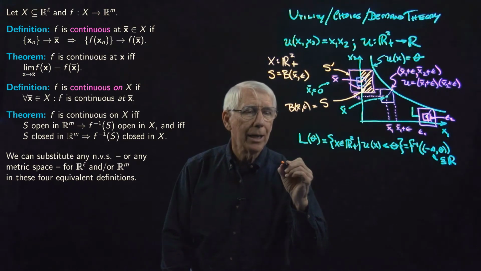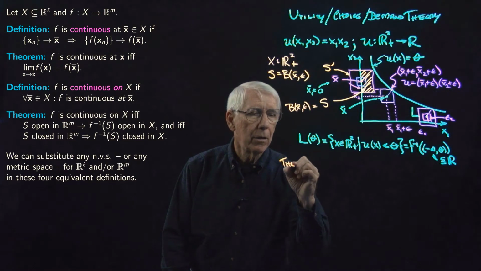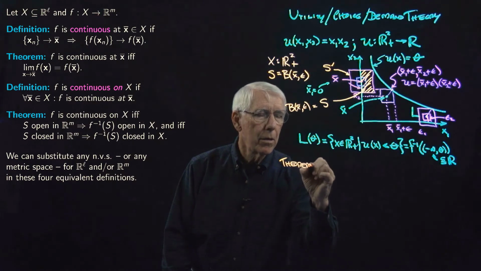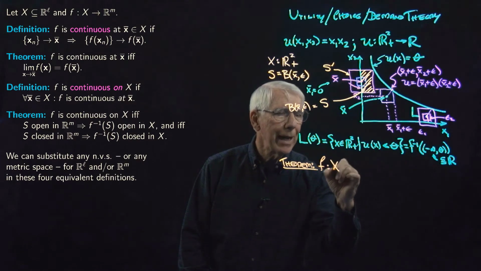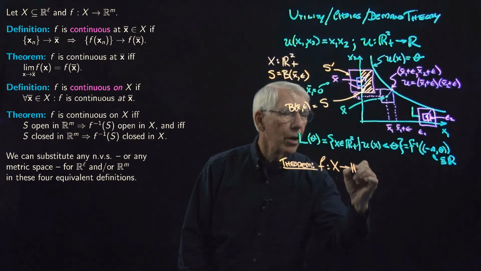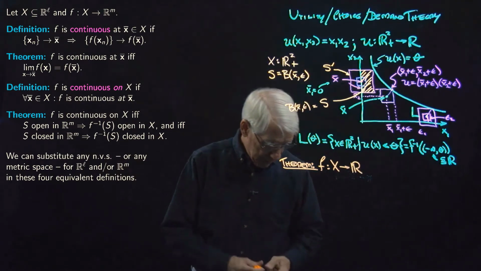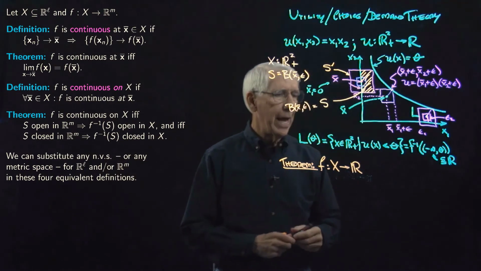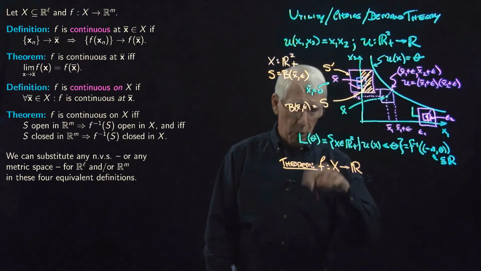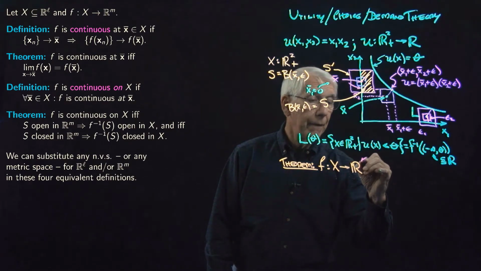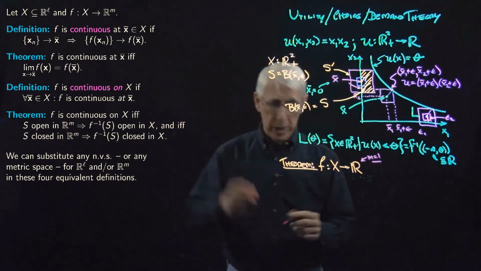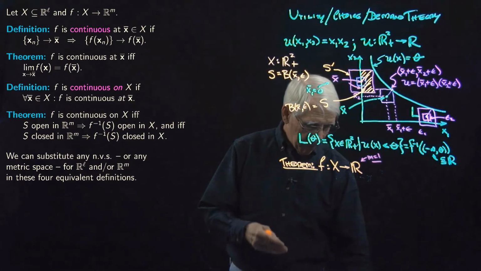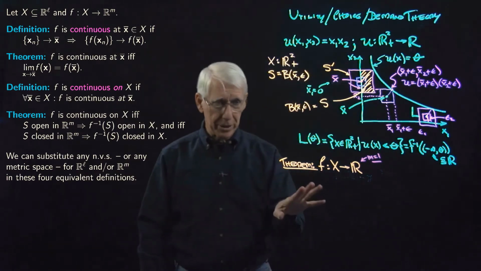Okay, so I should have written here theorem: f from x into R. And so notice here that for both of the theorems I'm going to write here, m is 1. That is, these are just about real valued functions.